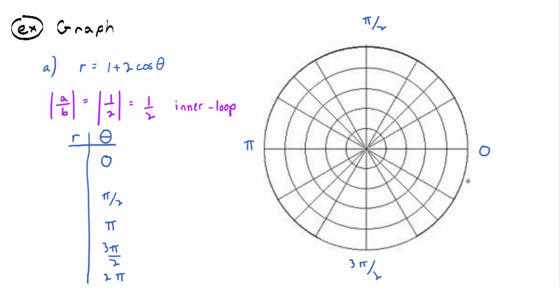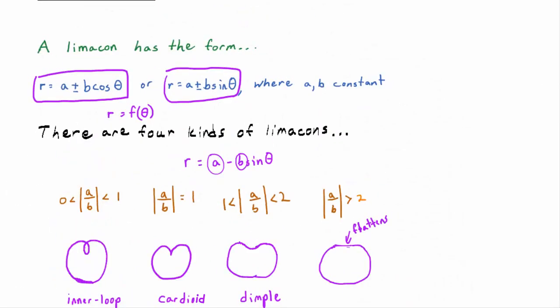One thing I should mention, though, if I go back up here just for a minute, is that if it has cosine in it, it'll be symmetric to the polar axis, which coincides with the positive x-axis. So if it's cosine, it's symmetric to the x-axis, polar axis.